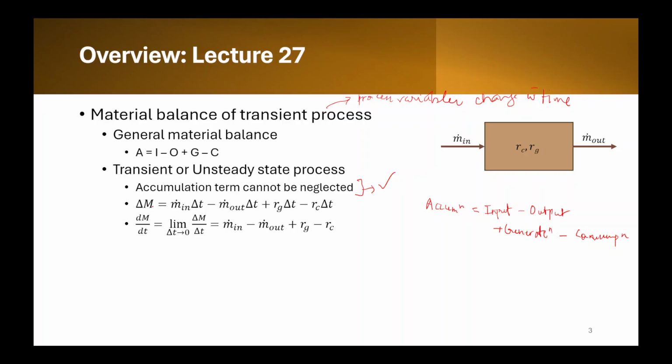Delta M is the change in mass. The unit of this equation, if mass is in kgs, is kgs, because delta M is in kgs. And this is the rate of mass in, which will be, suppose, kg per second.